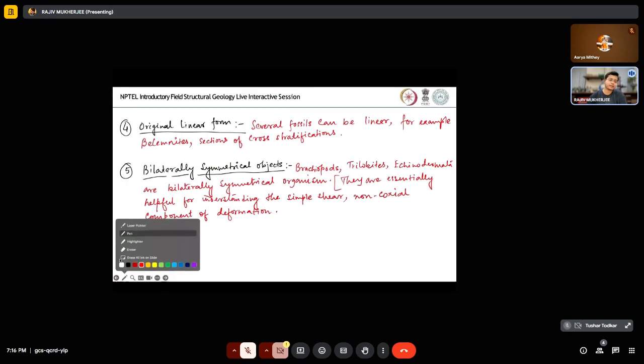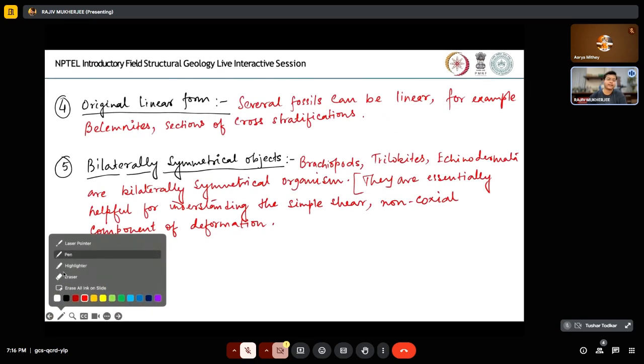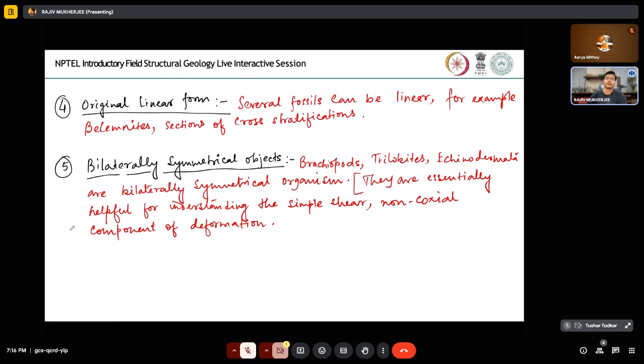And the final category is that even if you do not have any proper shape, right? It can either be a polygonal structure, say for example, grains. So if you make a thin section, say for example in igneous rocks, you won't have all the luxury to get these fossils and rain imprints and sedimentary structures as your strain marker.